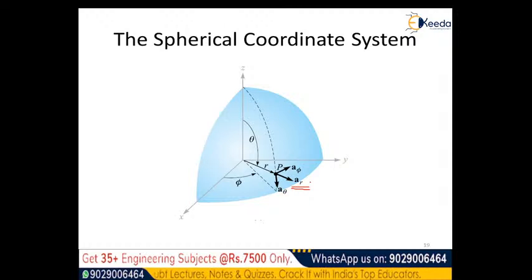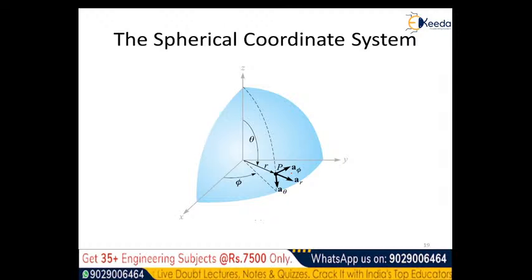When we take a unit vector in the direction of progression of the angle theta, measured downwards this way, a tangent to that particular path is nothing but the a theta unit vector here. And the unit vector which is in the direction of progression of measurement of the angle phi, in this particular way we have a tangent to that path, and it is nothing but the a phi unit vector here.